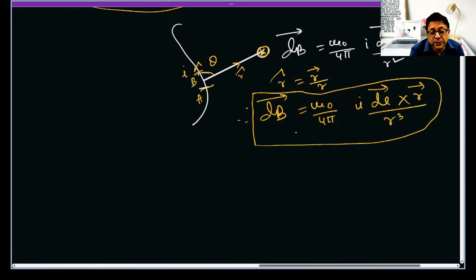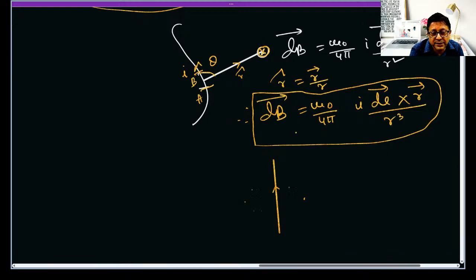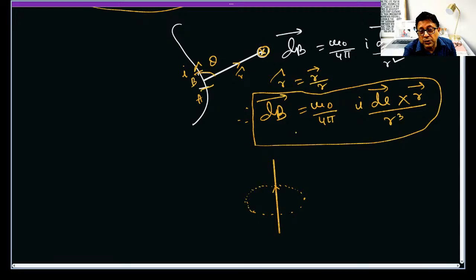So if I give you a straight current carrying conductor in this manner, what do you expect the magnetic field to be here, here, here? These points enclose the wire, and the wire passes through the center of this circular path.